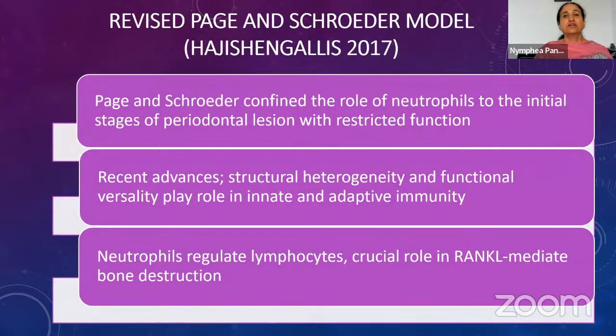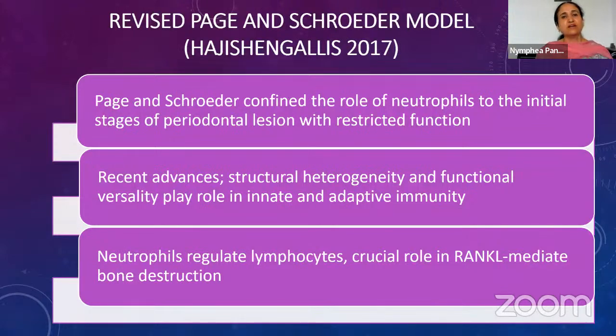Now in 2017, Hajishengallis gave the concept of the revised Page and Schroeder model. This is what I wanted to emphasize particularly, because in Page and Schroeder they also thought about the role of neutrophils in the initial stages. Like we usually say, the neutrophils can phagocytize only 10 pathogens, and after that, if there are more, macrophages have a higher capacity of phagocytosing the organisms, and they can kill 20 or more than that.